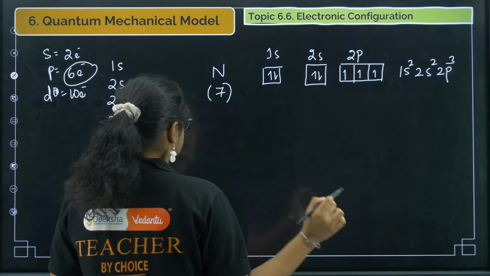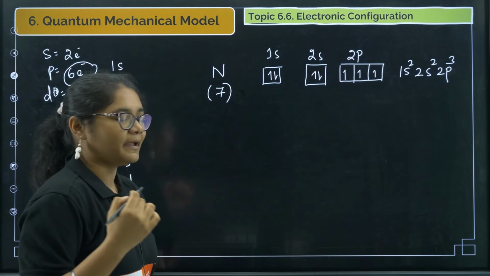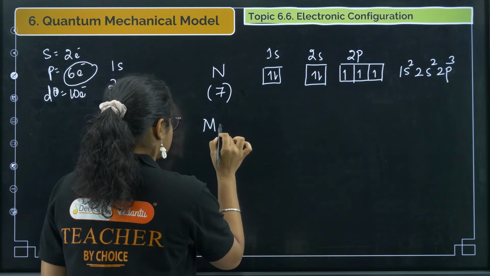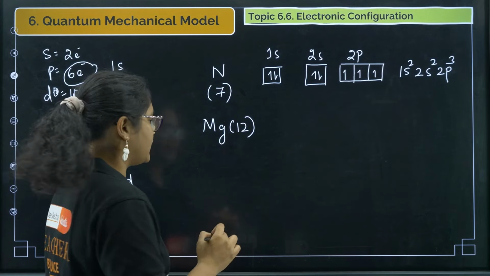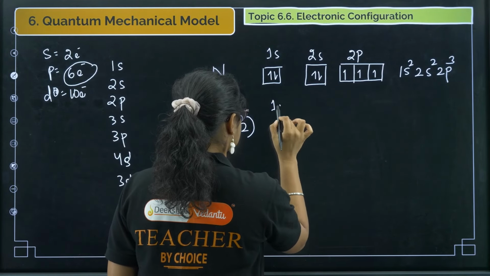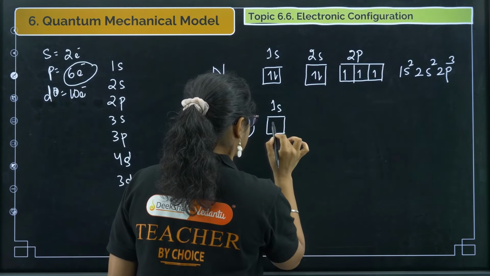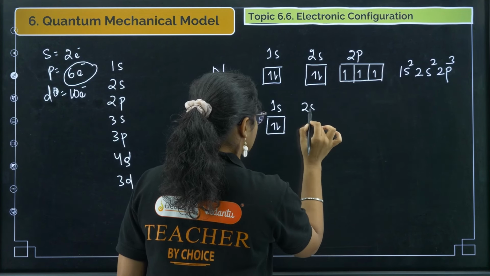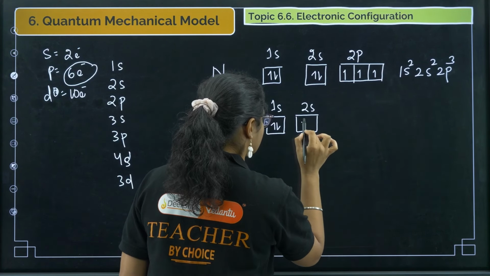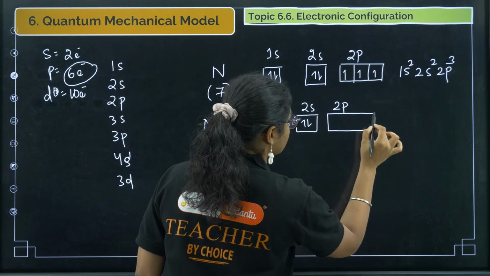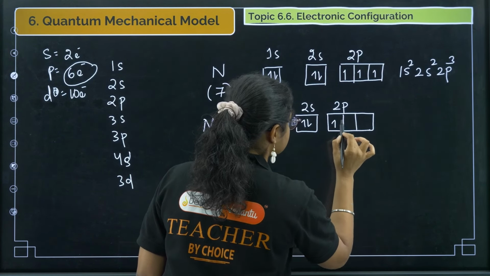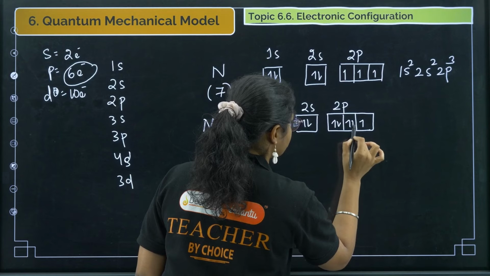Okay, next for example let us write for magnesium. Magnesium atomic number is 12. So first we have 1s, and I'll give 2 electrons here. Next I have 2s and it will have 2 electrons. Next I have 2p and this will have 6 electrons, 1, 2, 3, 4, 5 and 6.